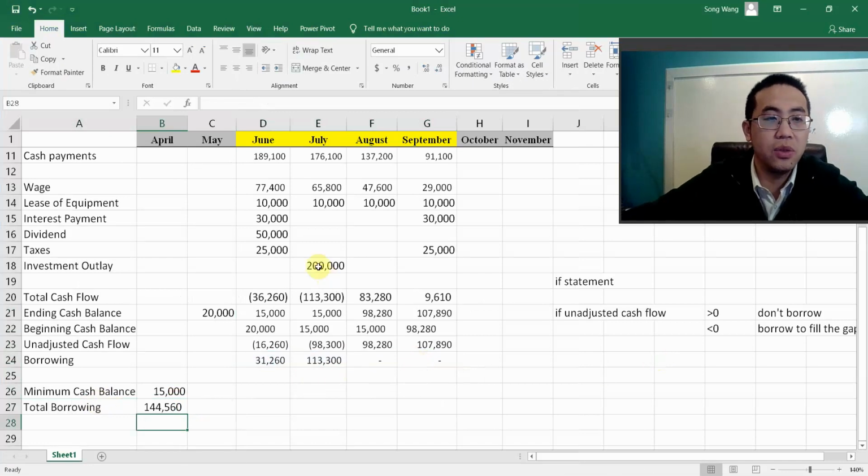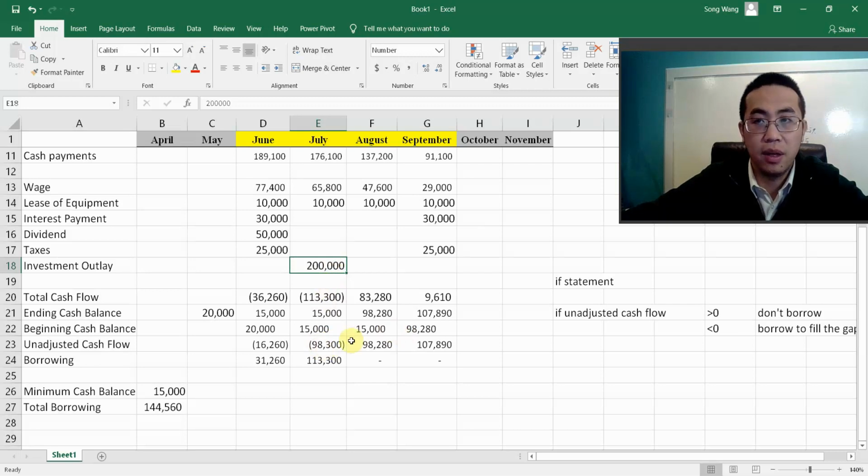As I said, it's mainly due to the investment outlay, because it just happened at the wrong time and put me in a very bad situation of needing money badly.